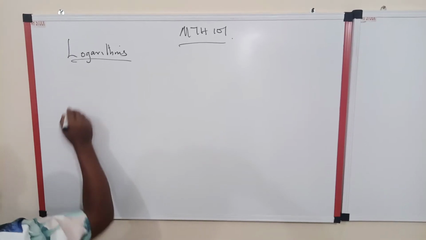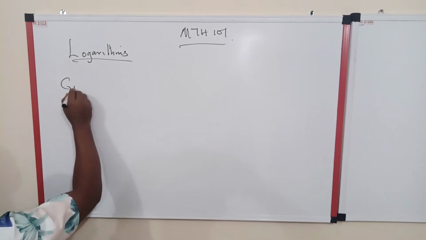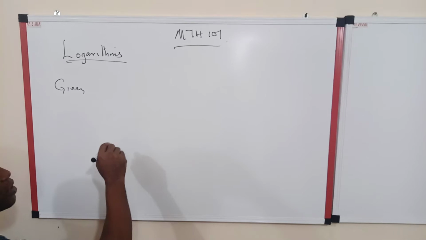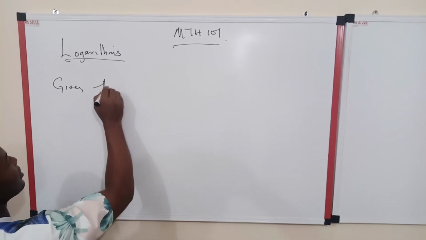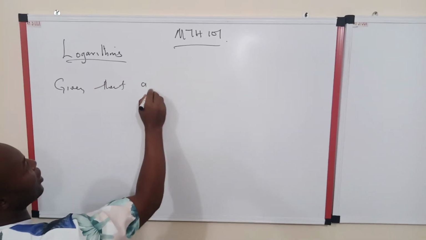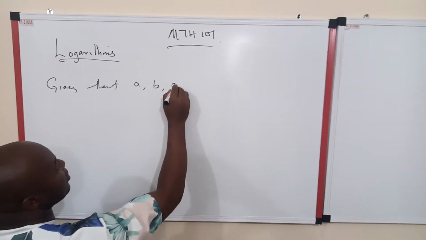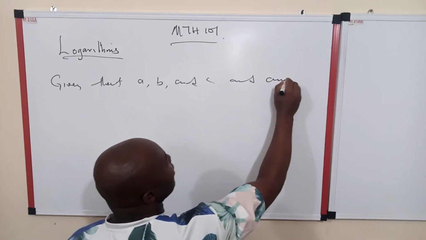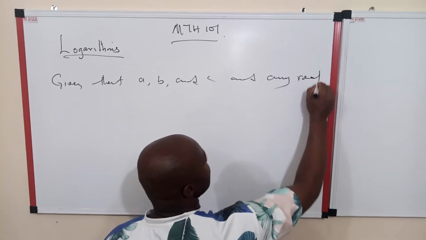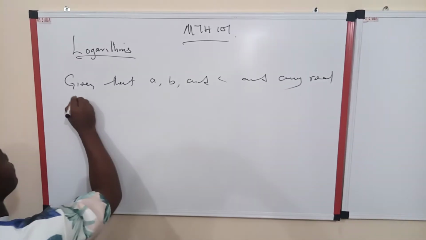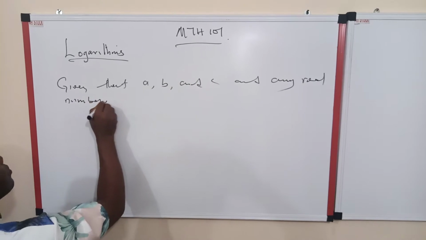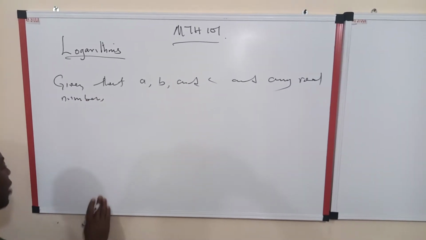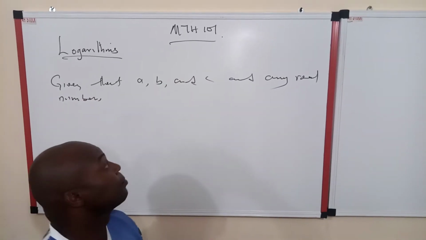Let's consider that A, B, and C are any real numbers, of which we have also known what real numbers are.